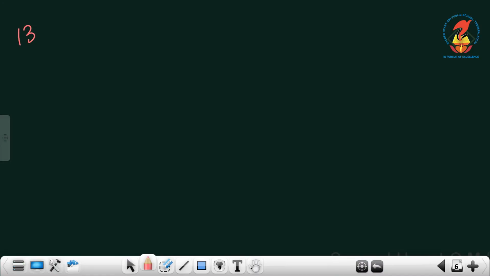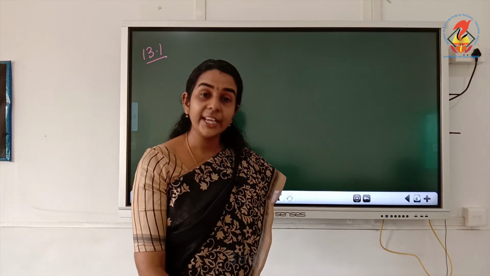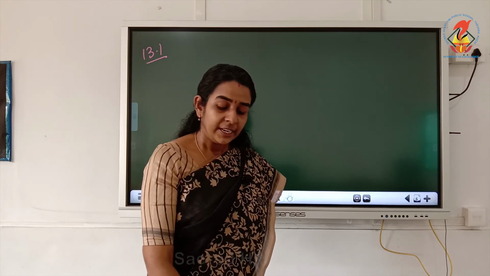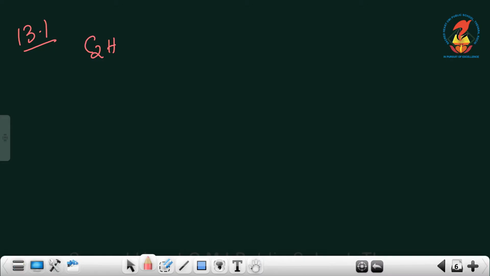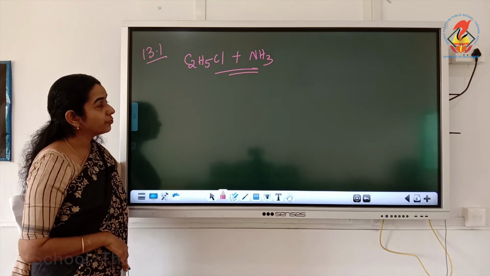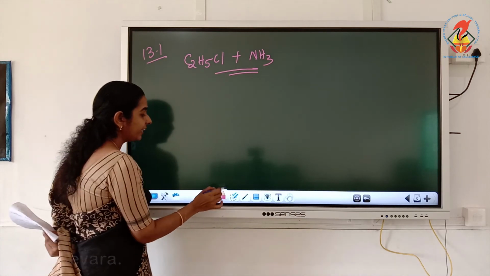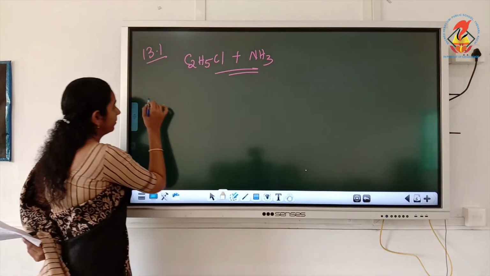Now in the in-text solved question, that is 13.1, there is a question to write the equations of the reaction of C2H5Cl with ethanolic ammonia. So how can we write the equations of the reaction between C2H5Cl and ethanolic ammonia?